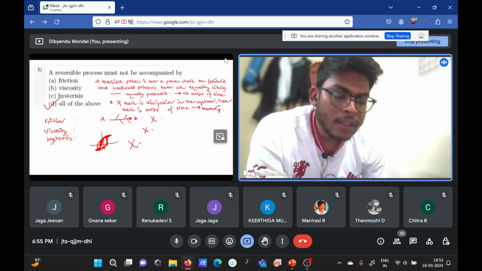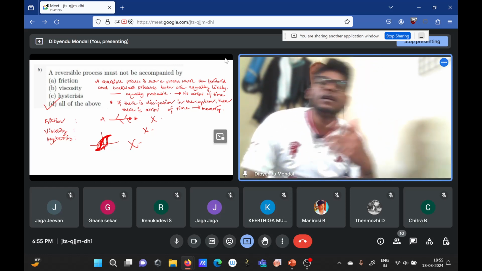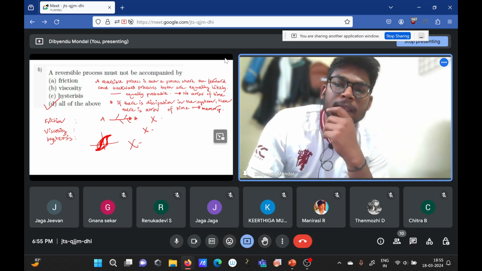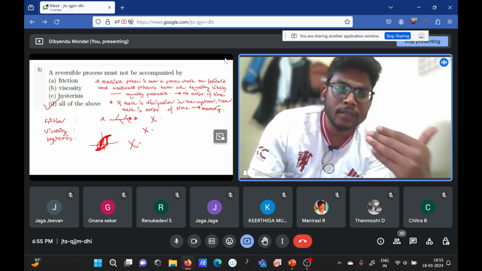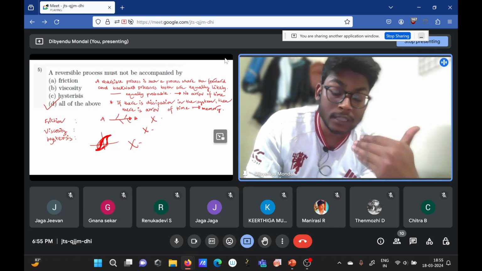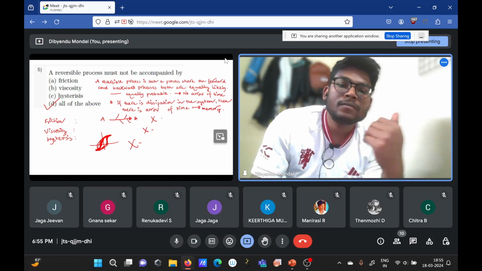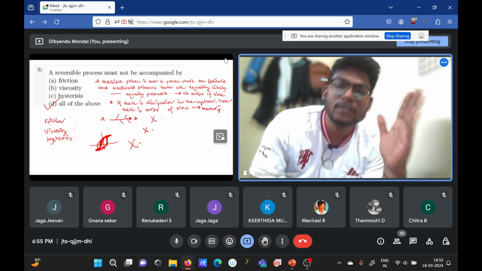That is called a reversible process, because there is no arrow of time, no sense of time proceeding, no certain mark of time.